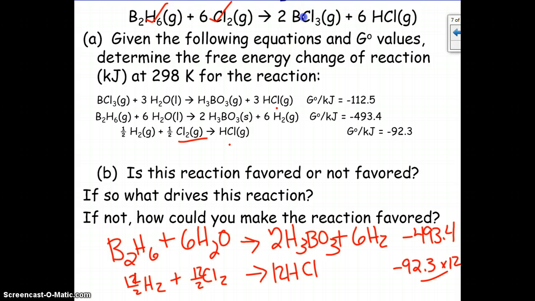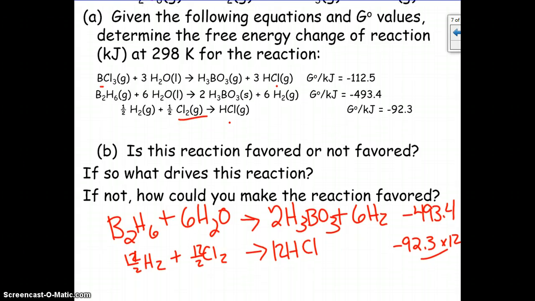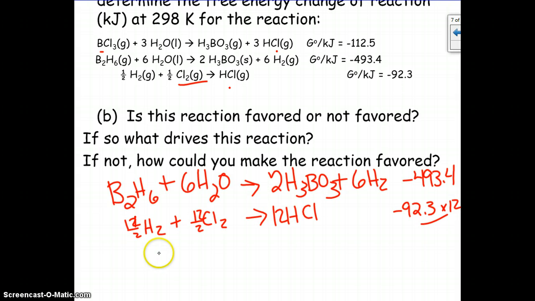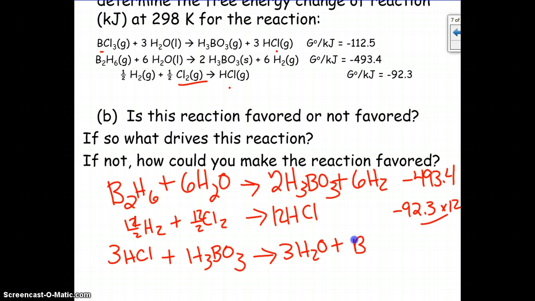All right, now we're going to worry about the BCl3s. There's only one equation that has those. It's the first one. They are not in the right spot, though, so we are going to have to inverse the equation. So we're going to write this side first, so the product side first, and then we'll write the reactants. All right, and I'm going to go ahead and include my value.